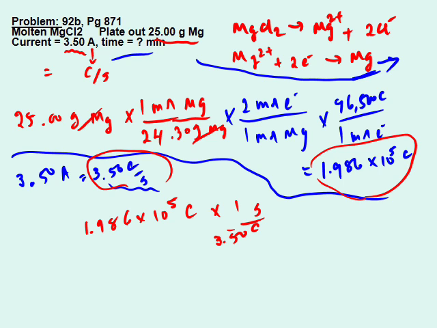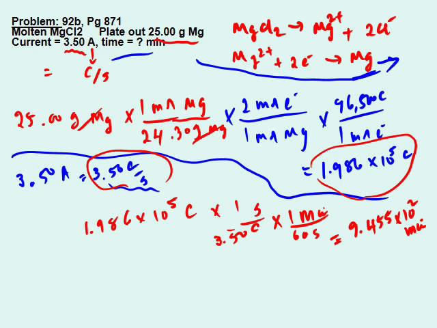Now that's seconds, and we know that 60 seconds make a minute. Make sure you do the problem as I'm doing it. This gives me 9.455 times 10 to the power 2 minutes.